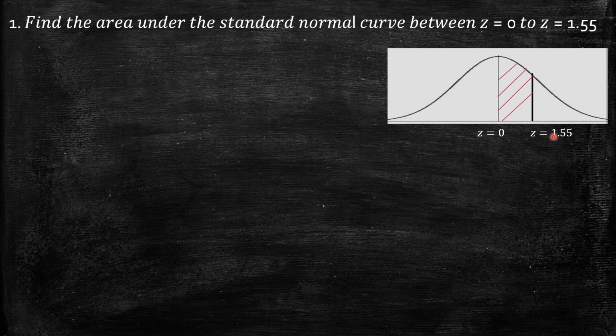That means vertically you have to go to 1.5 and horizontally it is 0.05. Or if I want to use the calculator, that is the letter Q. Q of 1.55 means the probability from 0 to 1.55, which is 0.4394.